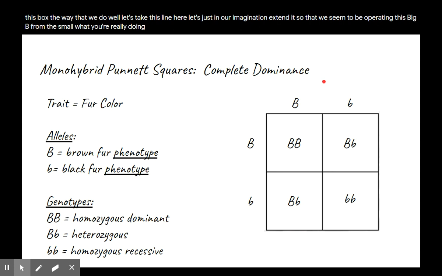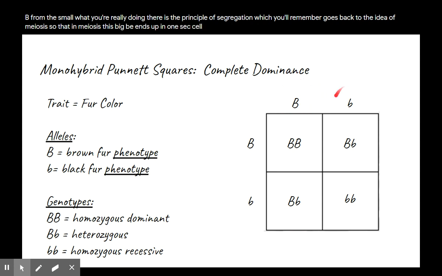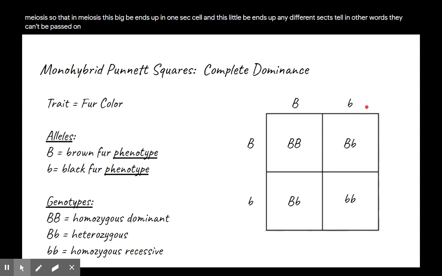What you're really doing there is the principle of segregation, which you'll remember goes back to the idea of meiosis. So that in meiosis, this big B ends up in one sex cell, and this little b ends up in a different sex cell. In other words, they can't be passed on together. Only one at a time can be passed on.